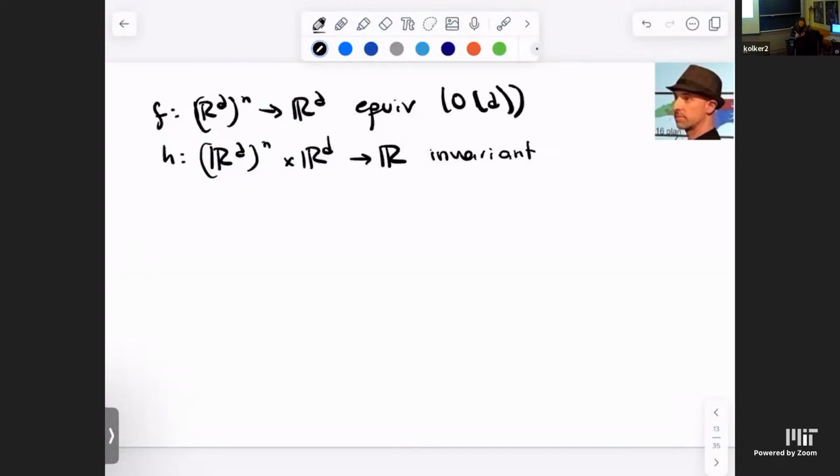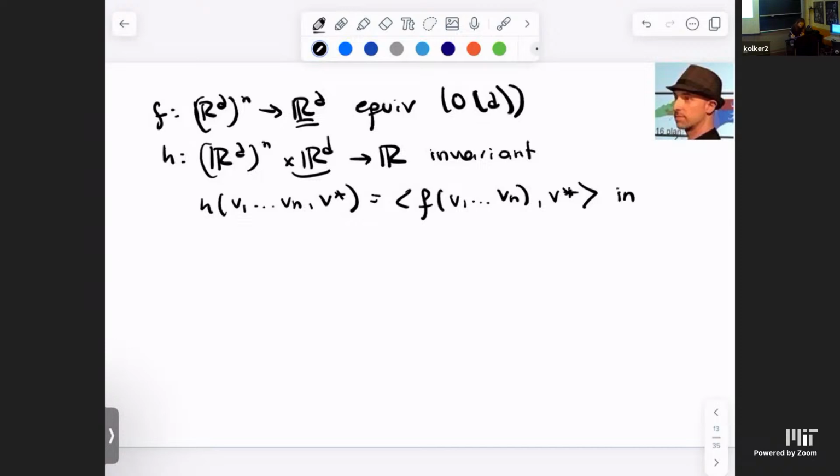This function is defined as H of B1, ..., Bn, B star equal to the inner product between F of B1, ..., Bn and B star. This B star plays the role of the dual of this space. But since we are using orthogonal representations, the dual is the same as the space, and so this is invariant.